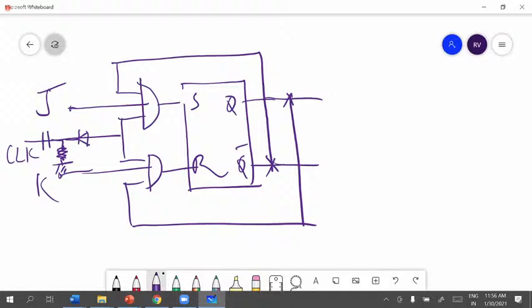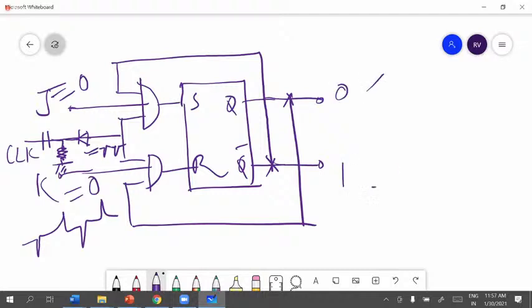This diode can allow only negative spikes, so that this flip-flop will be triggered. Whenever a negative spike occurs, based on these inputs you can explain its operation. When J is equal to 0, K is equal to 0, again you will get the previous condition, 0, 1 means the same results you will get.